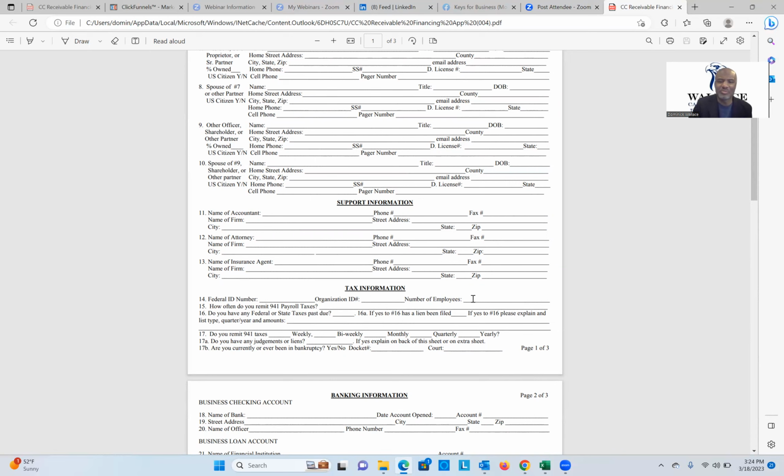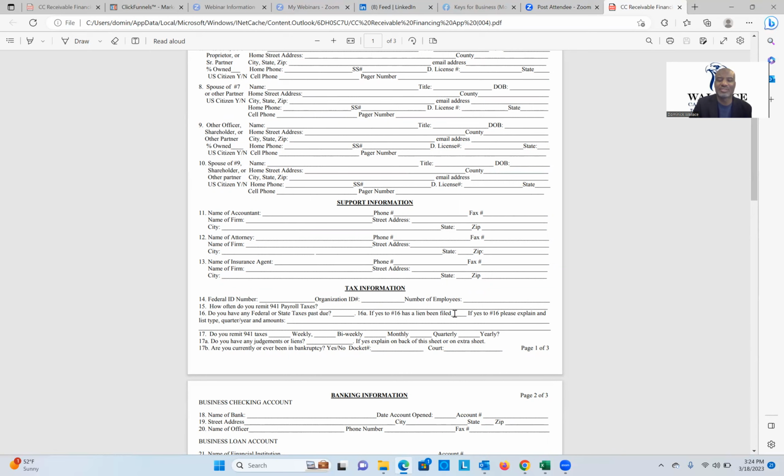The number of employees, those are people you have on W-2. How often do you remit your payroll taxes? Do you do it once a month, once a quarter? Do you have any federal or state taxes due? If you answer yes, has a lien been filed?